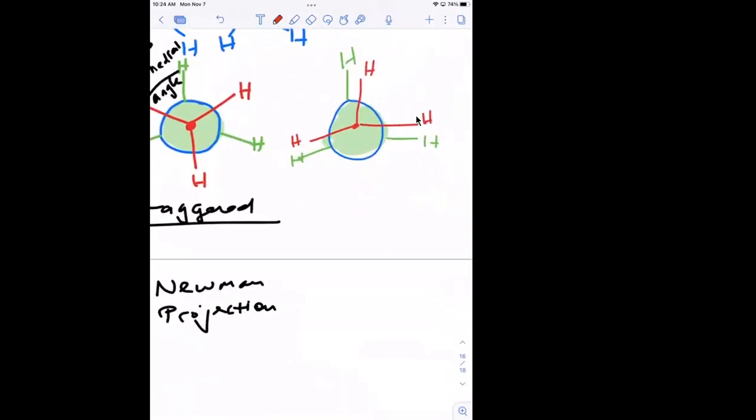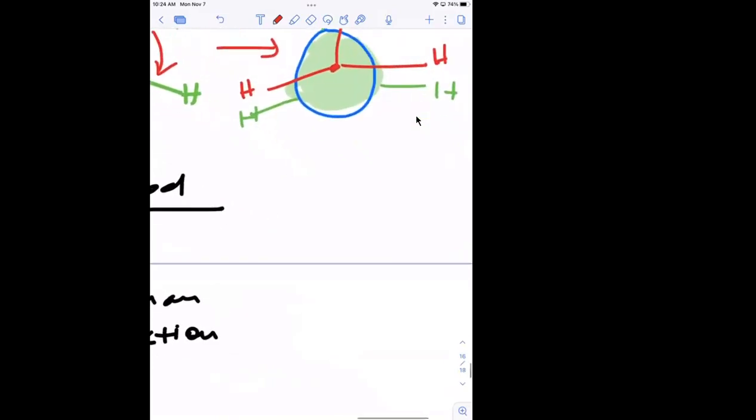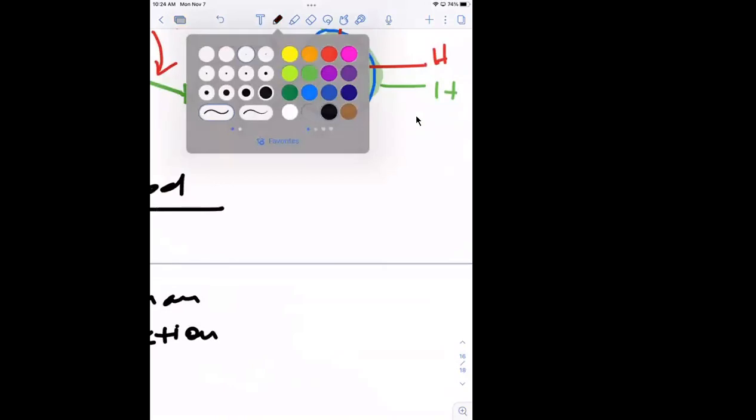What I did was rotate around the carbon-carbon bond. So I rotate around that bond and compress those dihedral angles. So now over here, this is what we call eclipsed. The eclipsed conformation.